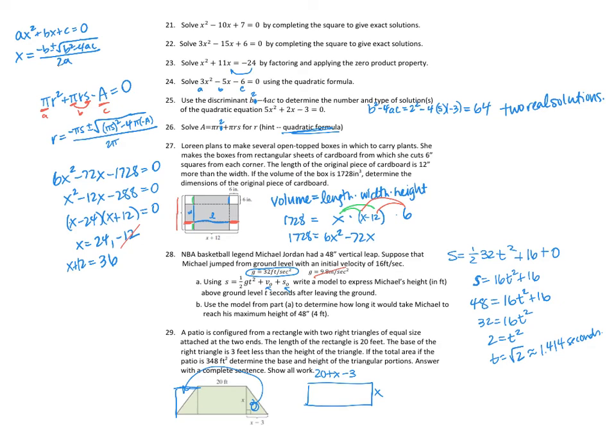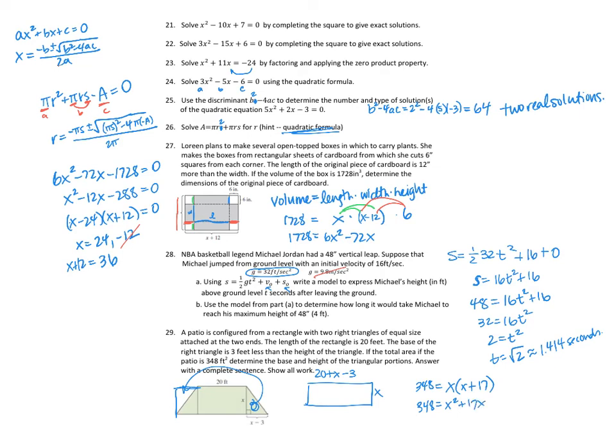So I know my area is going to be the length times width, so x times x plus 17. And that's going to be equal to, what did it tell me the area was? The area was 348. So I'll get 348 is equal to x squared plus 17x.